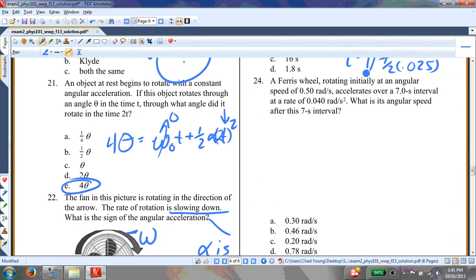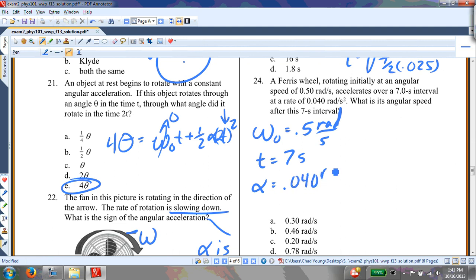All right, a Ferris wheel initially rotating at an angular speed of 0.5 radians per second. Omega naught equals 0.5 radians per second. Accelerates over a 7-second interval at a rate of 0.040 radians per second squared. What is its angular speed? So I want to know what omega final is. I know that omega equals omega naught plus alpha t.